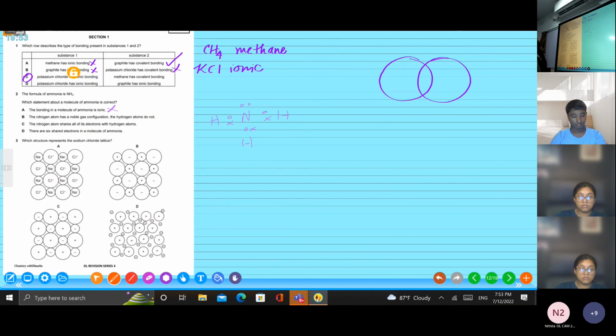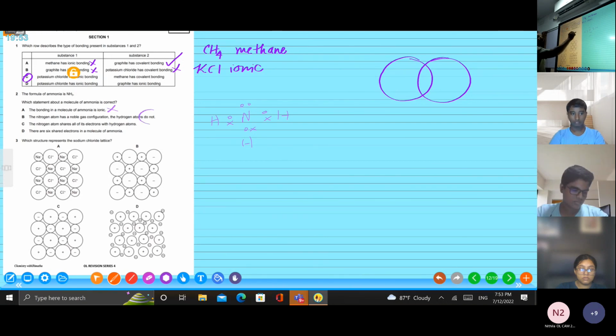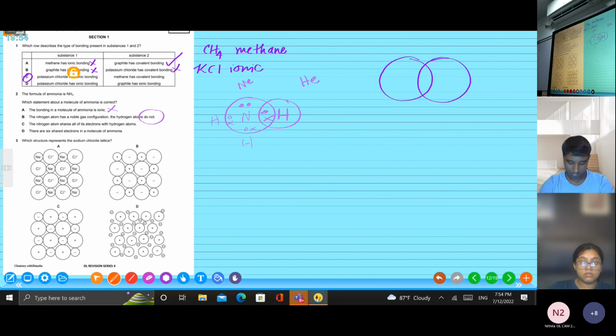The nitrogen atom has noble gas configuration and hydrogen atoms do not. That's wrong because hydrogen also has a full shell like helium. Nitrogen has 8 electrons like the rest of the noble gases like neon and argon. So that statement is wrong. The nitrogen atom shares all of its electrons. That's also wrong. It doesn't share these 2 electrons. It shares only 3. There are 6 shared electrons in the molecule of ammonia. That's correct. Therefore, the answer is D.